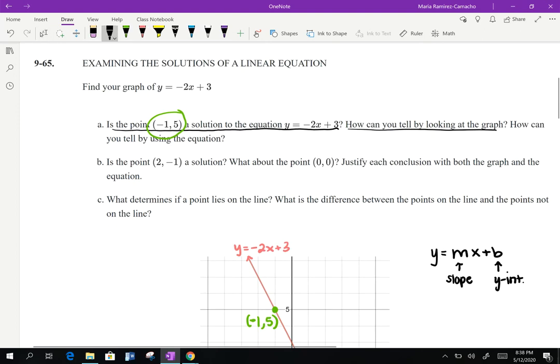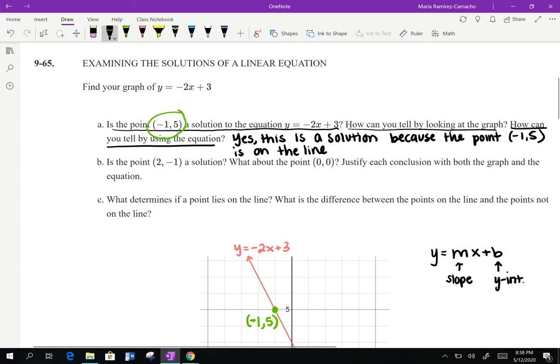So, yes, this is a solution, because the point negative 1, 5 is on the line. But there was also another part to this question. How can you tell by using the equation?